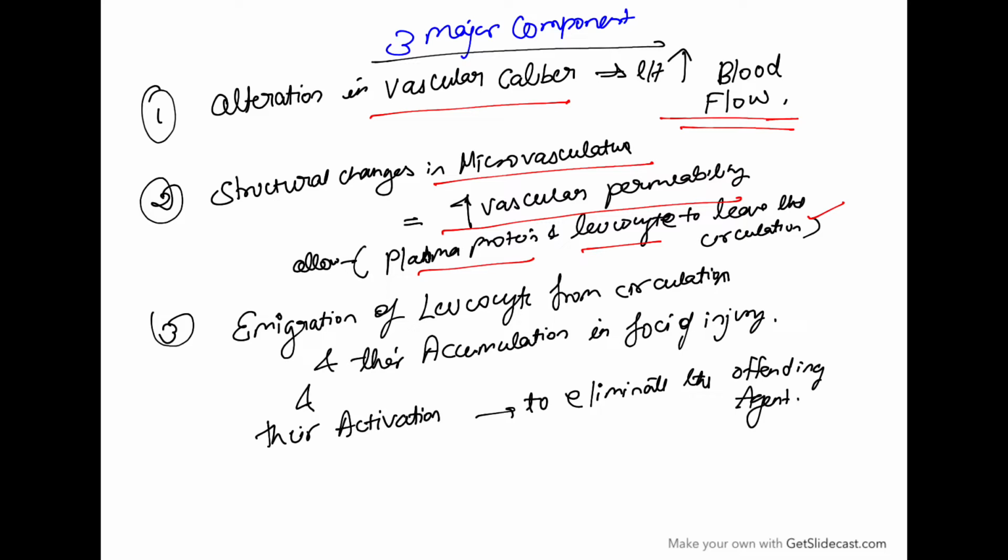And the third event is the emigration of leukocytes from the circulation and their accumulation at the site of the injury, and then their activation to eliminate the offending agent. So these are the three major components of acute inflammation: alteration in the caliber of the blood vessel, vascular permeability, and then emigration of leukocytes from circulation.